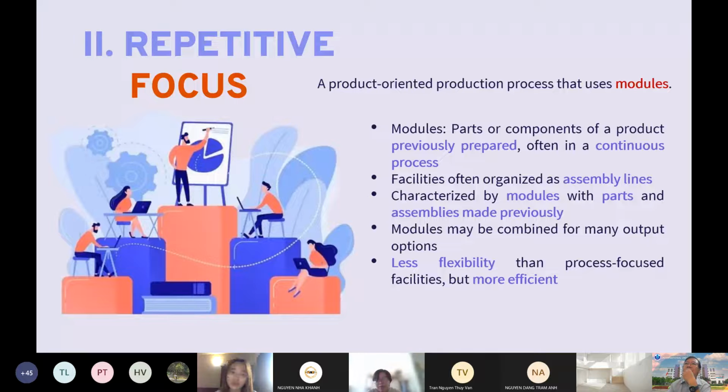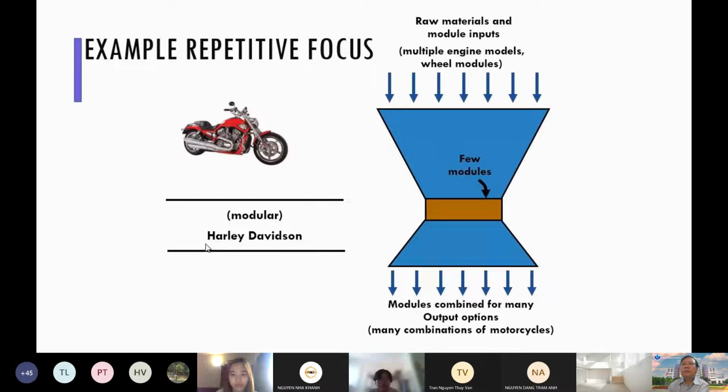These modules may be combined in various ways in order to create many output options. An example of repetitive focus is the hardware division. You can see the raw material and the module input. It may be different engines, displacements, multiple wheel options, colors, or accessories.